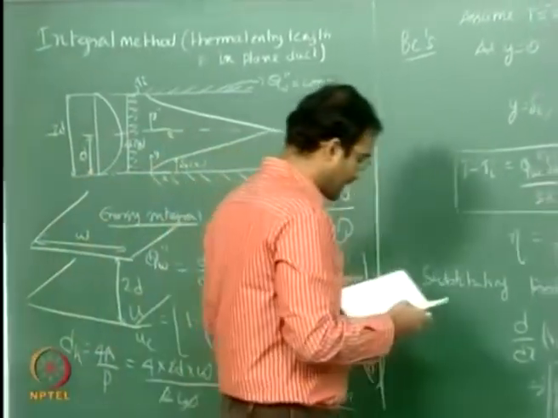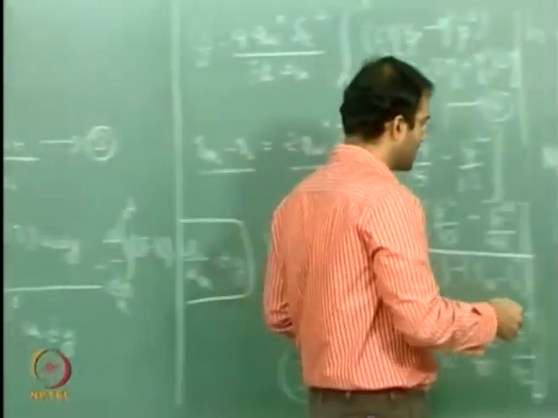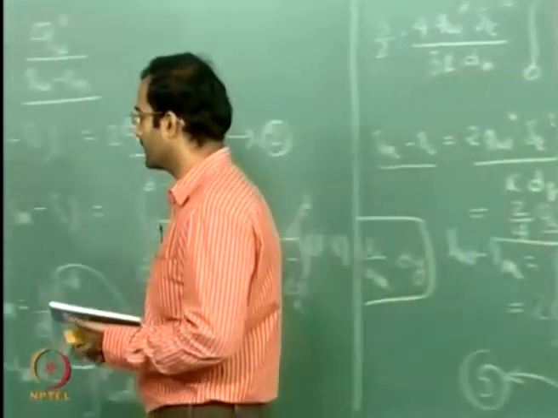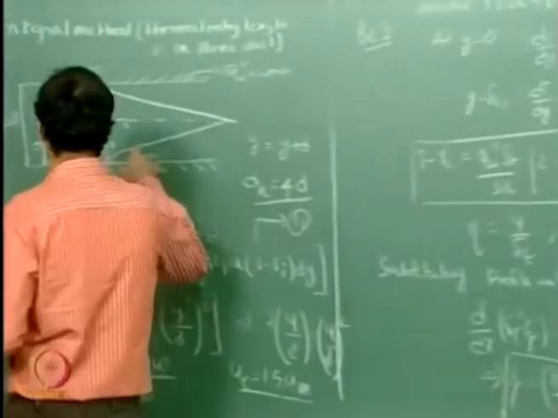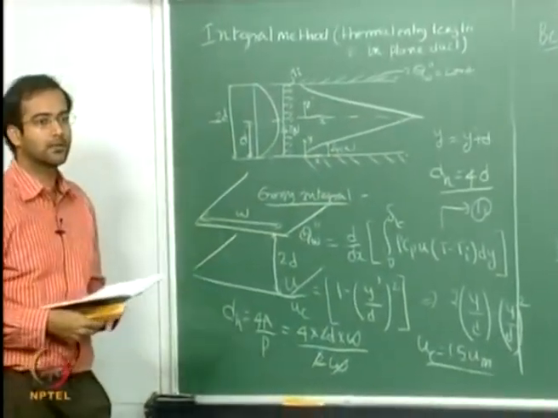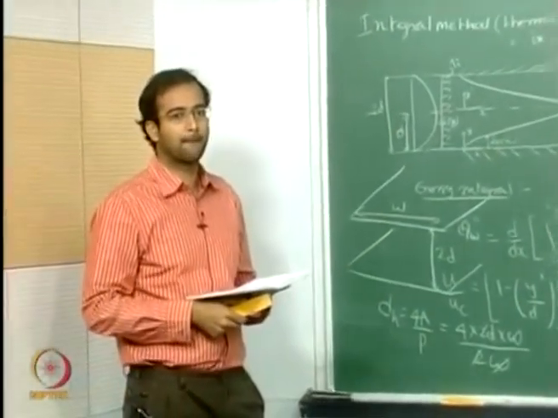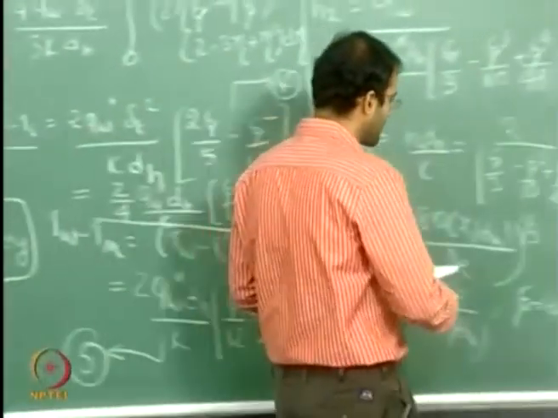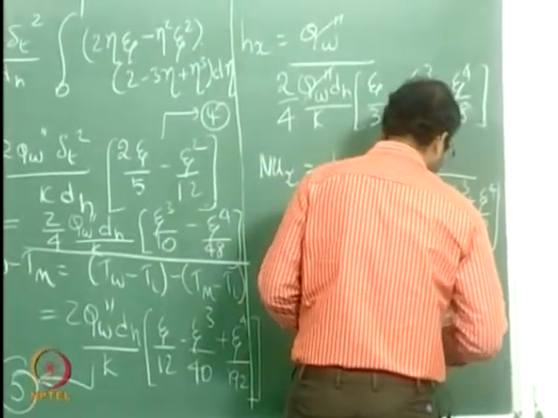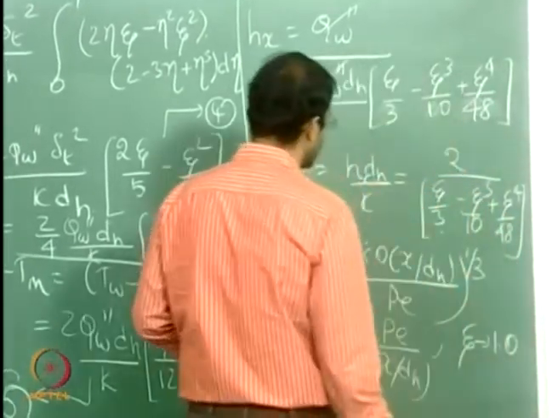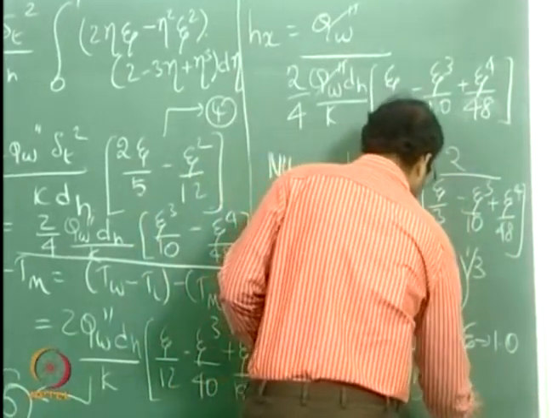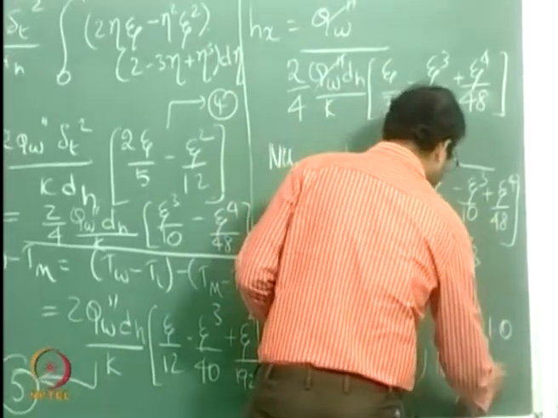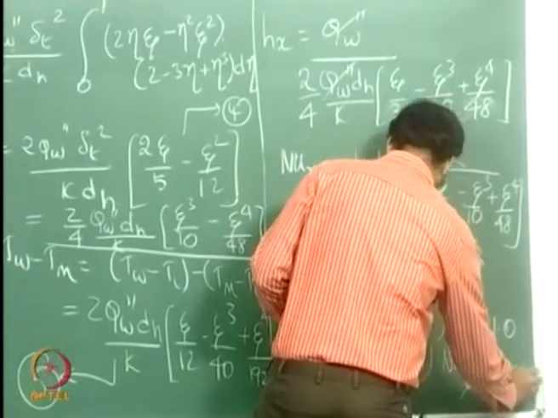Since my zeta is in terms of delta T by d, what happens if the flow is thermally fully developed? What should be the asymptotic value of zeta? 1. So for large values of zeta, that should asymptotically go to 1. So your Nusselt number for zeta going to 1 from this expression comes out to be 7.86.